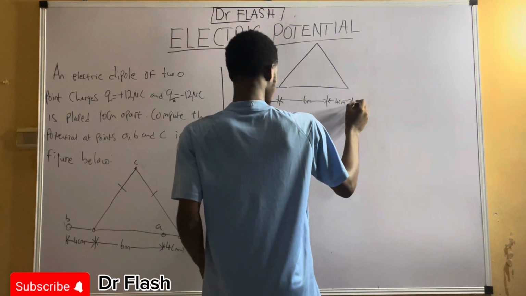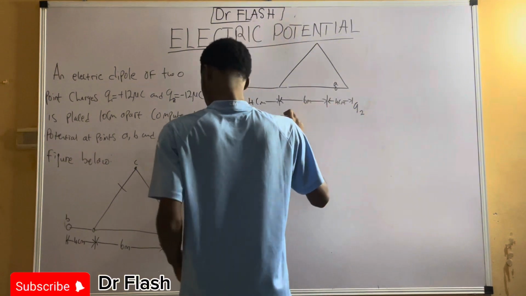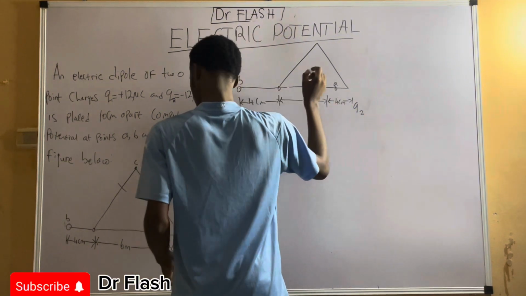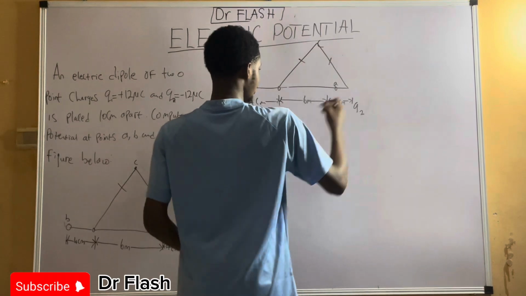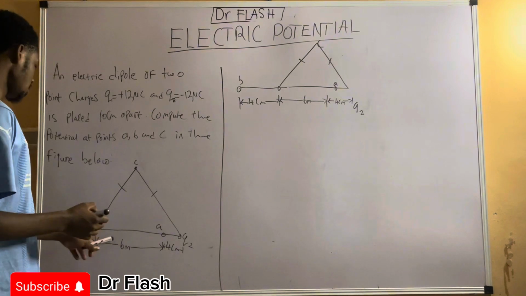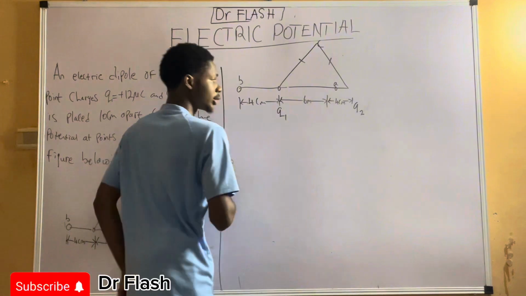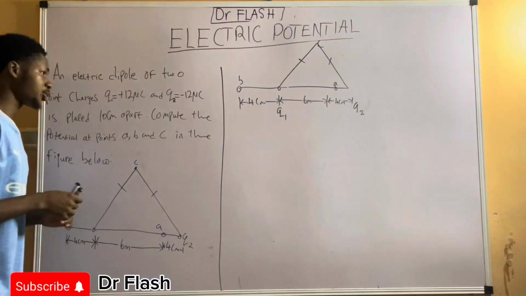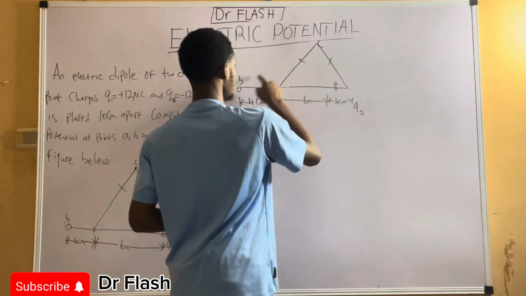And this is Q2, and then we'll have point A, and then point C. That's Q2, and here we're having Q1. The question wants us to find the electric potential at points A, B, and C. Here is point A, here is point B, and here is point C.